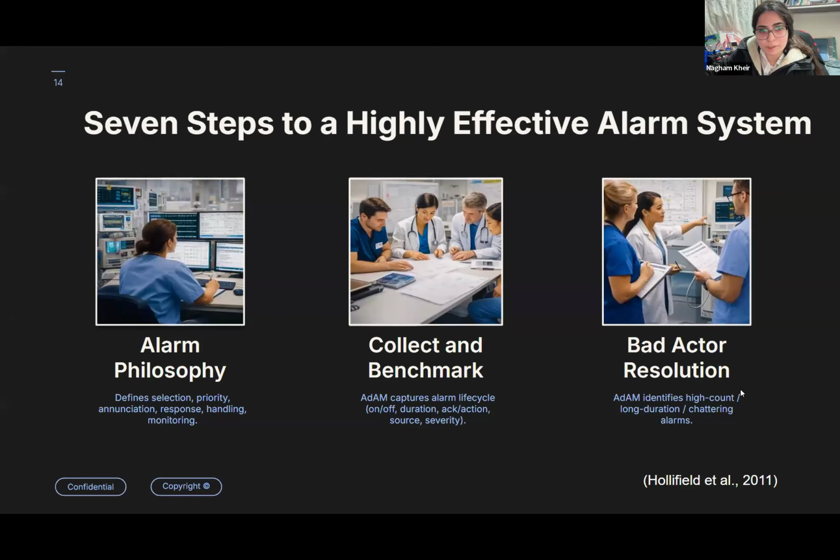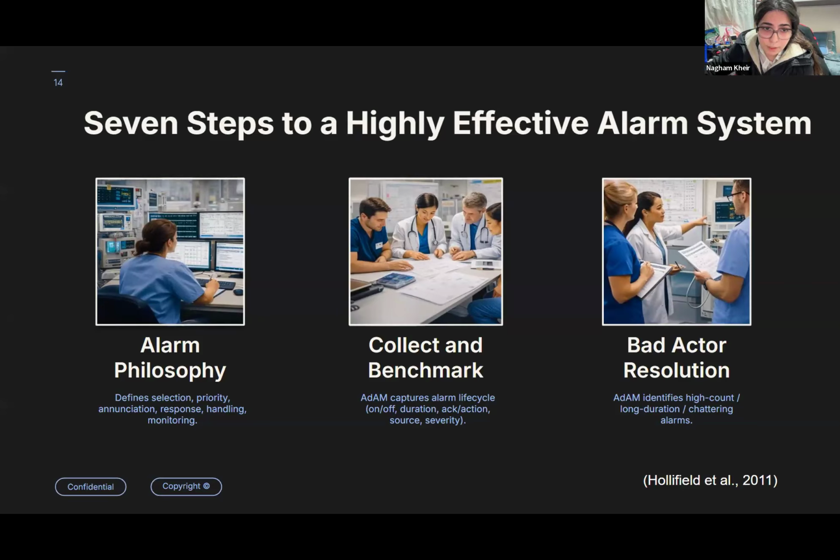Effective alarm management is essential for maintaining safety, reliability, and human performance in complex systems. Now I'm going to walk through the 7 steps for a highly effective alarm system as described by Holyfield and Habibi. I split them into 2 categories: the steps you always need and the steps you implement to improve performance over time. Stages 1 through 3 are always needed.